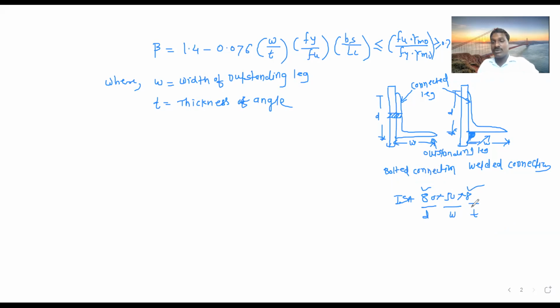So here 8 mm is the thickness of the angle section. Are you getting it, everyone? w is over, t is over. Then Fy and Fu: we know Fy is the yield strength in Newton per mm square, and Fu is the ultimate tensile strength.